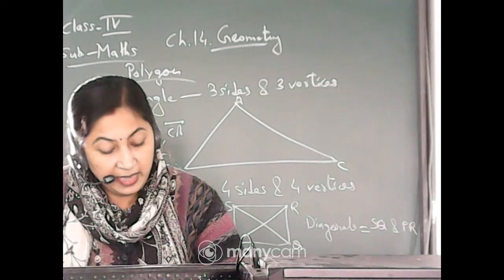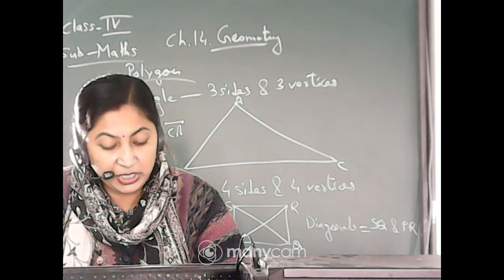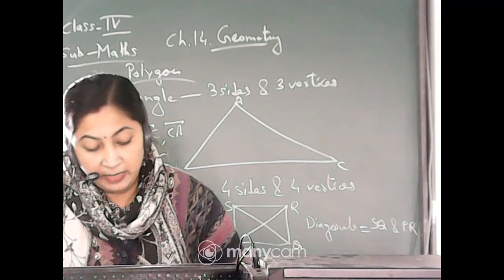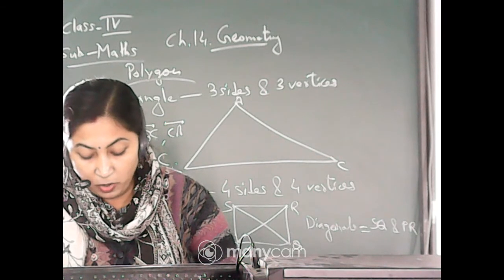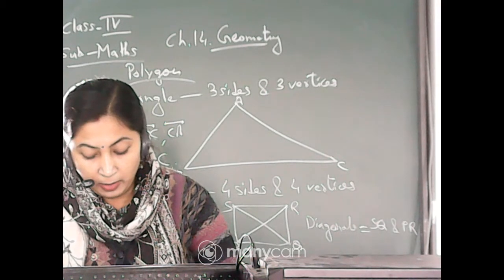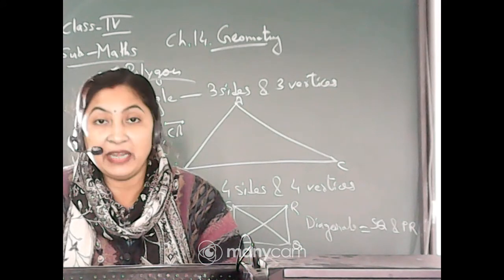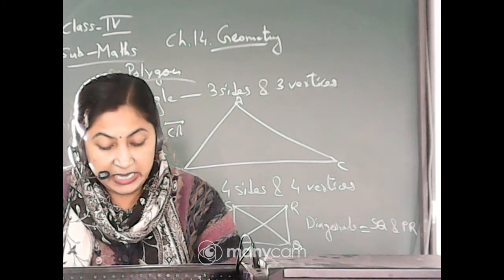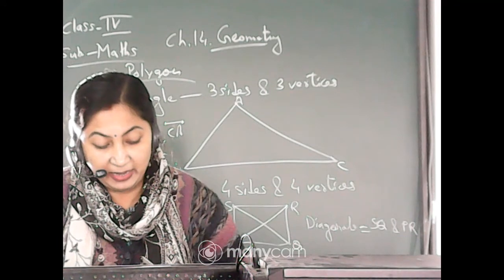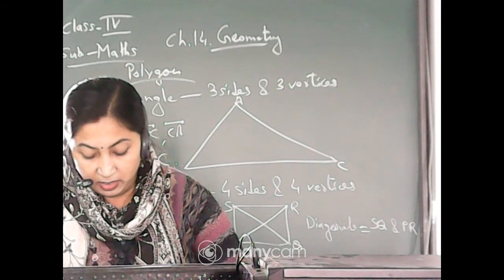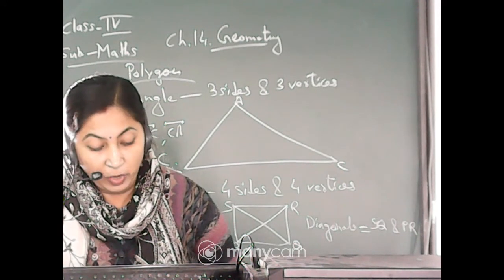Number E, yes. Number F, no. Number G, yes. Number H, yes. That means the polygons in question number 2 are B, C, E, G and H. These 5 are the polygons.